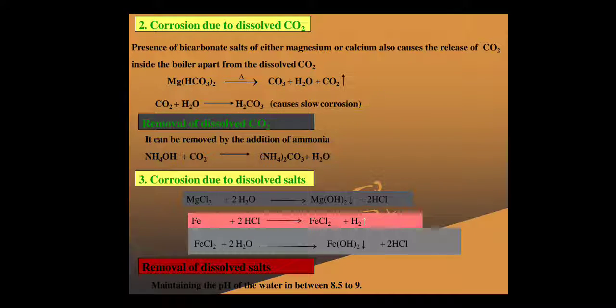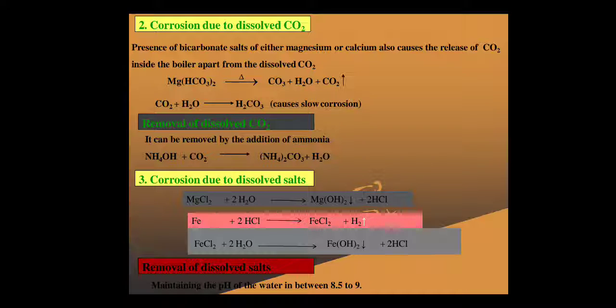It causes slow corrosion. When you avoid the formation of that H2CO3, you can avoid corrosion. So dissolved CO2 you will have to remove, and it can be removed by addition of ammonium hydroxide, which forms ammonium carbonate, absorbing that CO2.